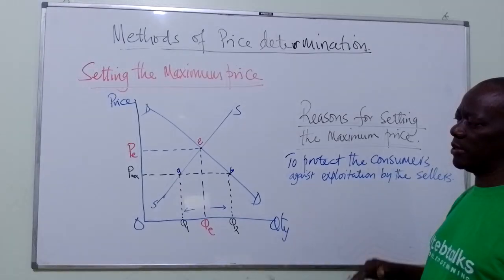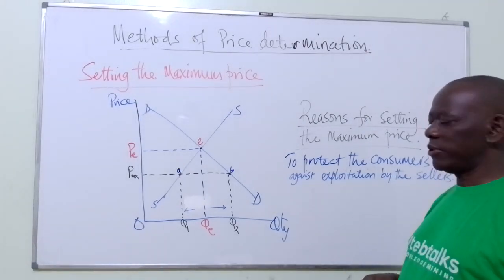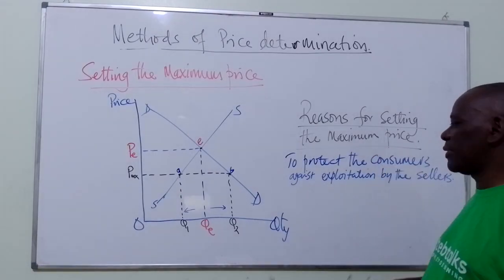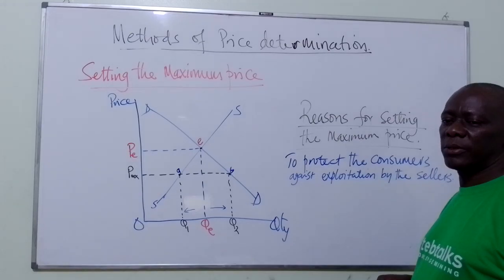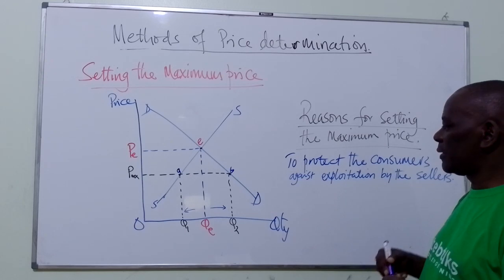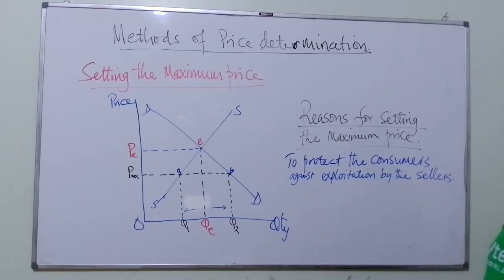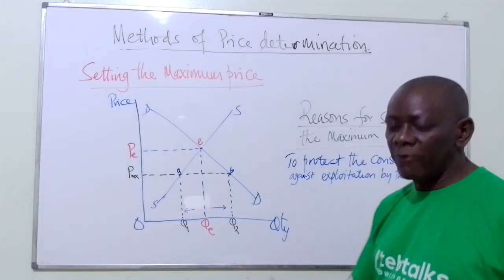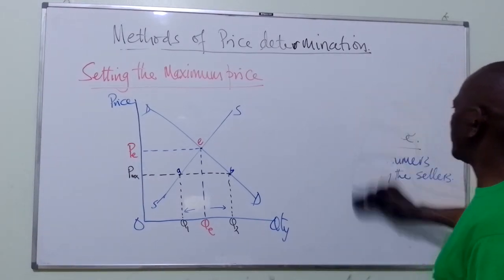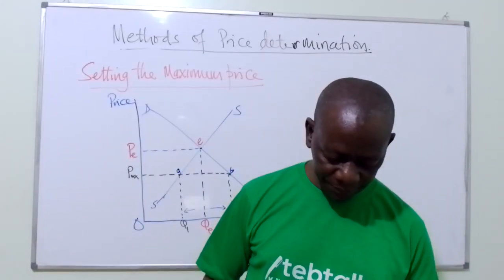Remember, we said this price is set below the equilibrium, and by definition we say above which you are not supposed to charge the consumer, meaning that the higher price at which you do charge the consumer is now guarded by the maximum price. So that is one reason why government sets the maximum price, because it is guarding against exploitation of the consumer.